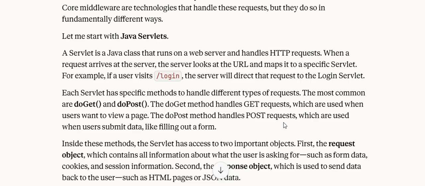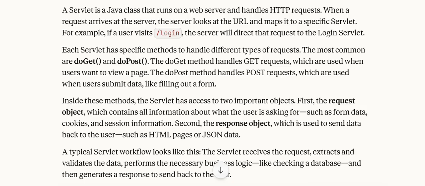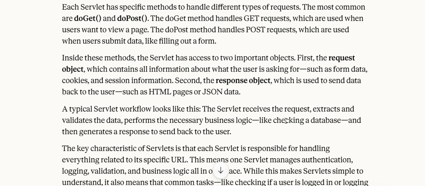The doGet method handles GET requests, which are used when users want to view a page. The doPost method handles POST requests, which are used when users submit data, like filling out a form. Inside these methods, the servlet has access to two important objects.